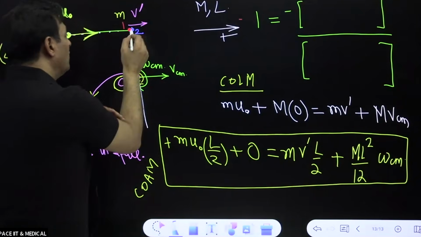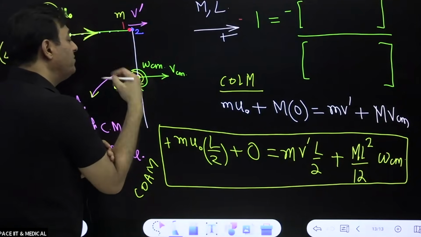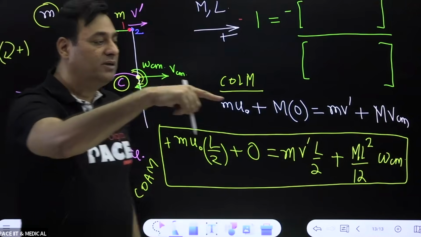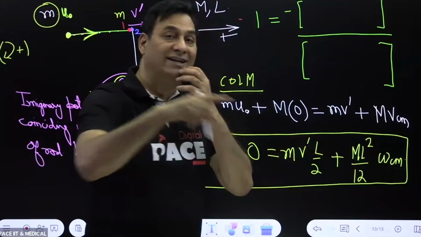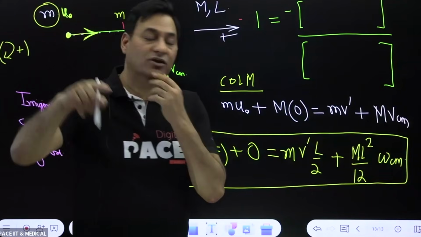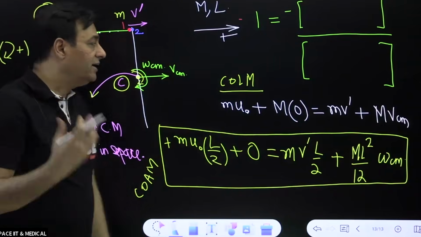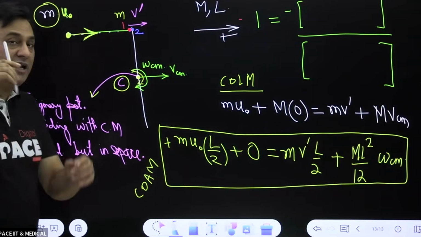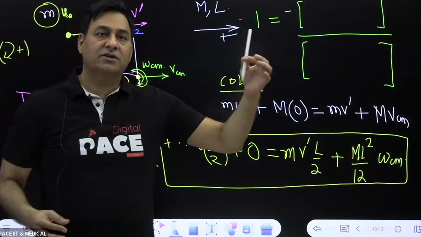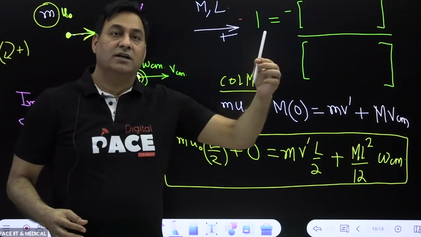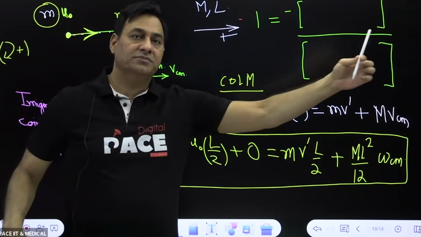What is V2? The velocity of 2 can be found by the superimposition theorem. I have taken a lecture on that also, superimposition of velocities. If there is a rigid body, it has both. If this is a rod and it is translating with center of mass velocity, every point will have VCM.